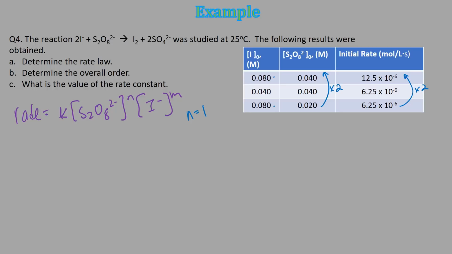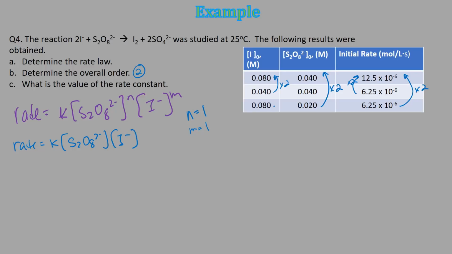And then for the second one, I'm going to use 2 and 1. So this doubles, so M is also equal to 1. So my overall order is 2. My rate law, rate is equal to K times S2O8 times I. Both are first order.